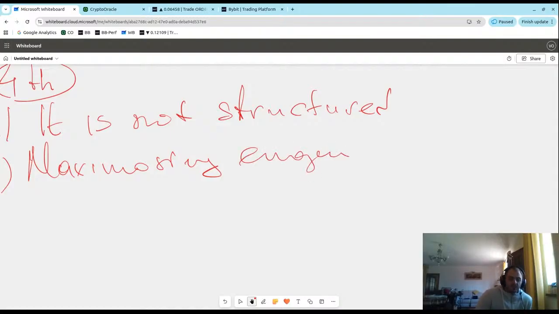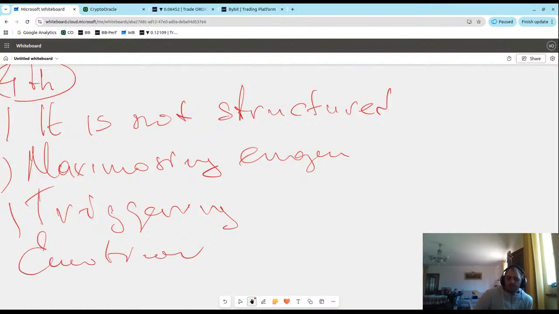Right. And third is just triggering your emotional response, right? Because it's money and everyone wants to be rich, and we react emotionally. Right?